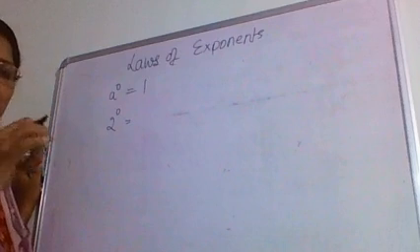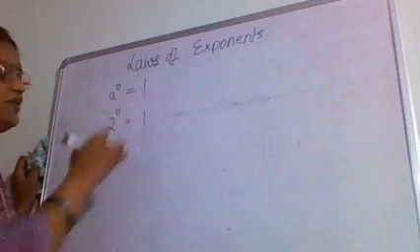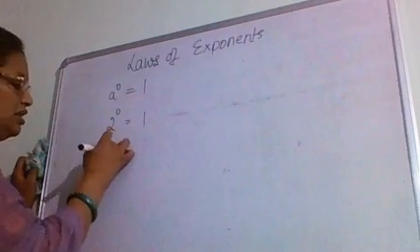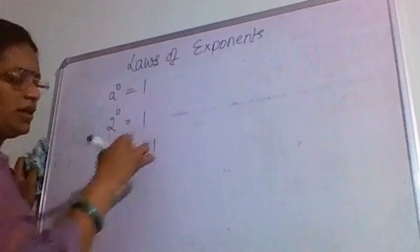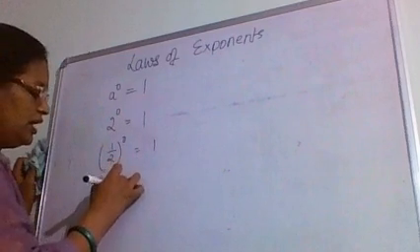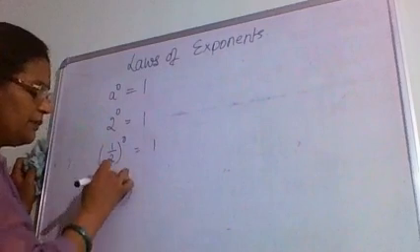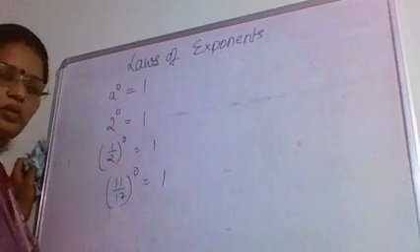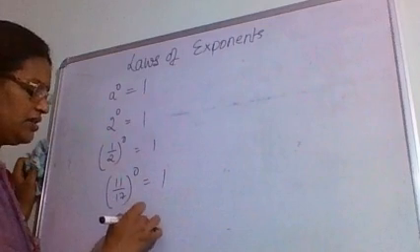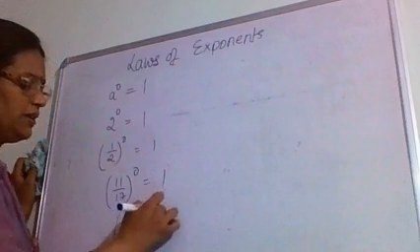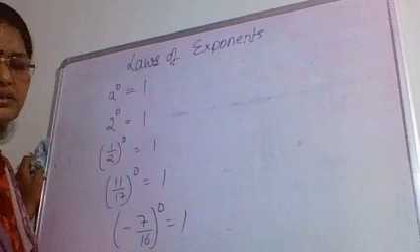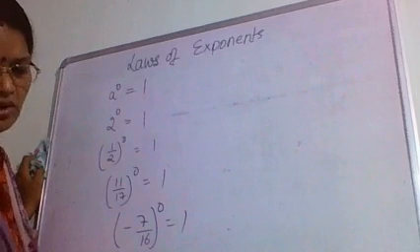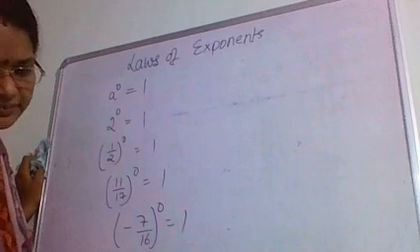So if 2 is multiplied 0 times, what is the value? 1. Similarly 1 by 2 multiplied 0 times is 1, 11 by 17 multiplied 0 times is 1, minus 7 by 16 multiplied 0 times is 1. So all these terms are equivalent to 1.